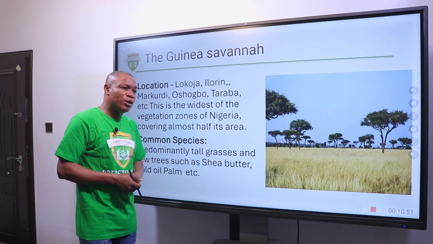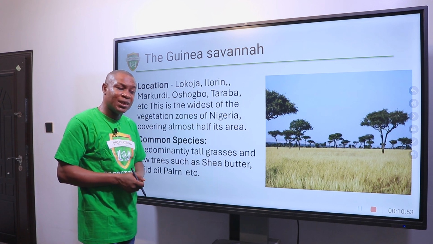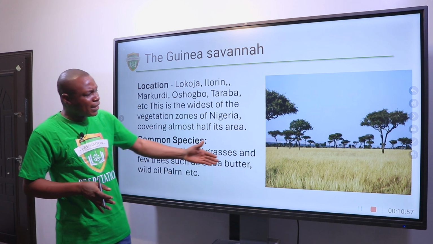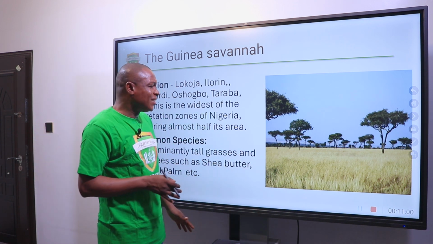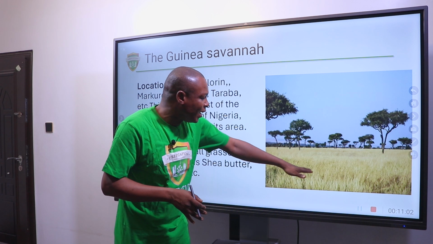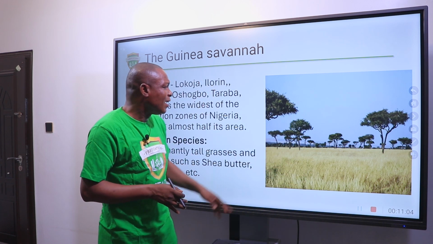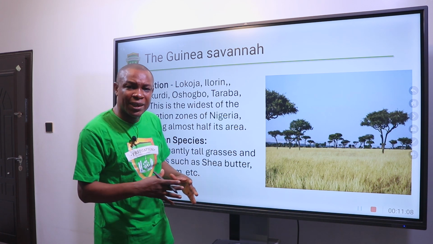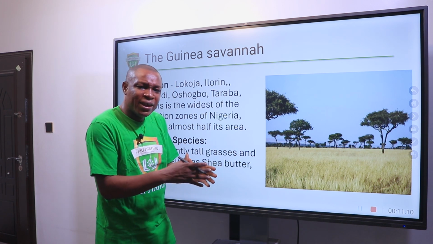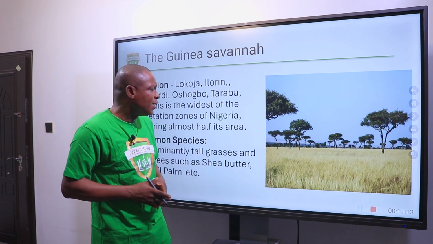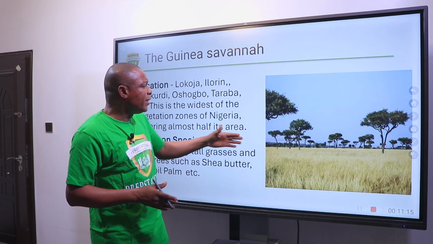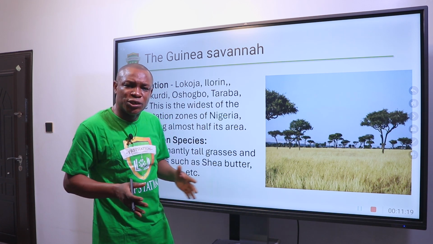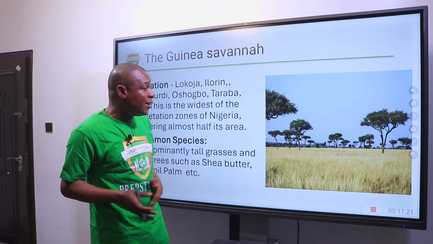The next vegetation belt we'll be considering is the Guinea Savanna. Let's take a look at the picture. You can see a large expanse of grassland, tall grasses, and the trees are scattered. The trees are not concentrated like the ones in the forest belts previously discussed. Recall the Guinea Savanna is the largest vegetation belt in Nigeria.